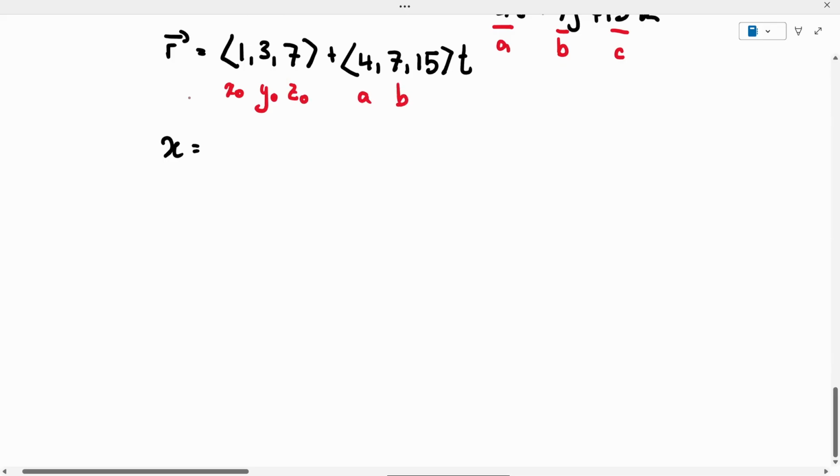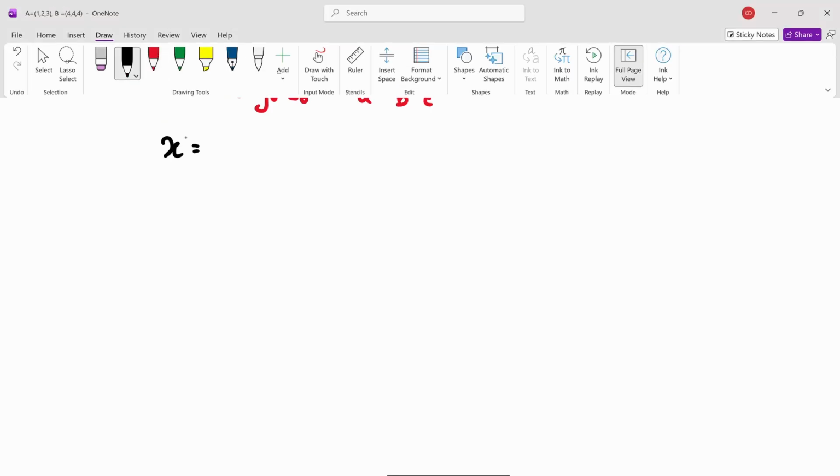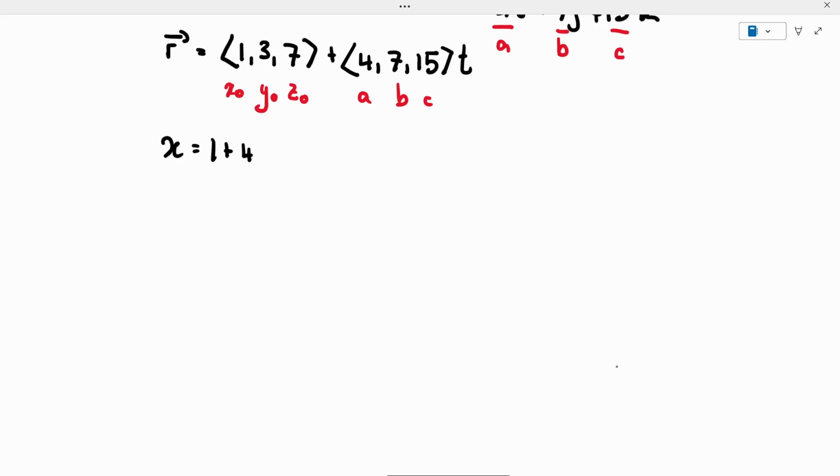Look, our a, b, c here, right? So very quickly, x would be 1 plus 4t, y would be 3 plus 7t, and the z would be 7 plus 15t.